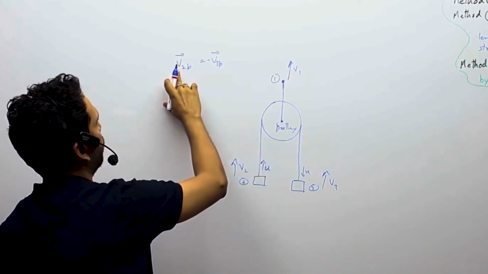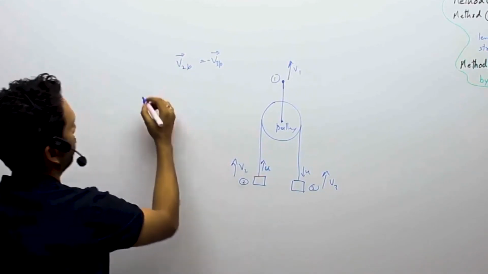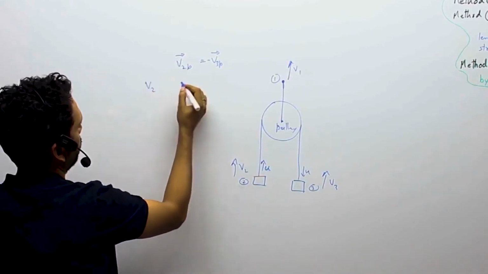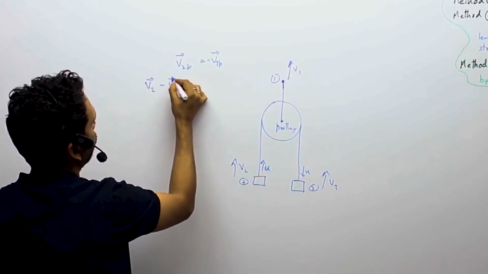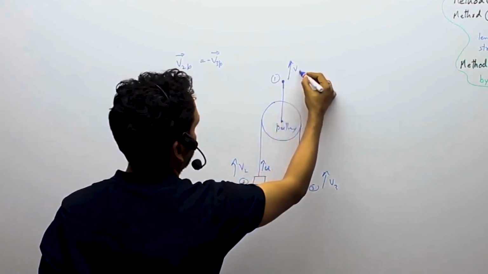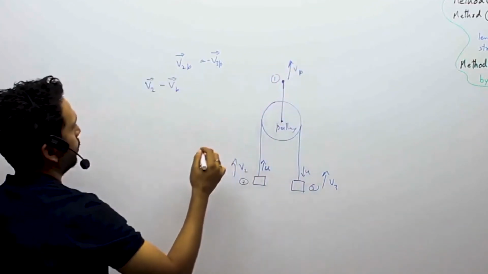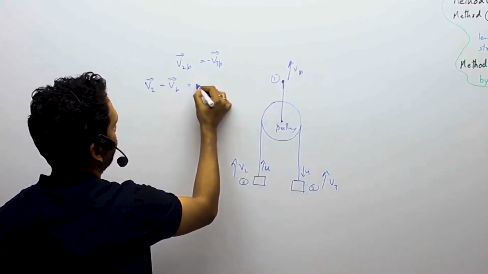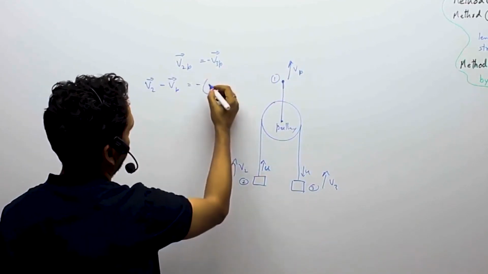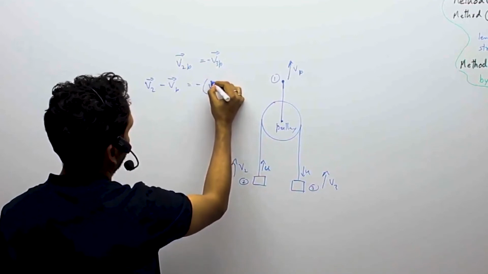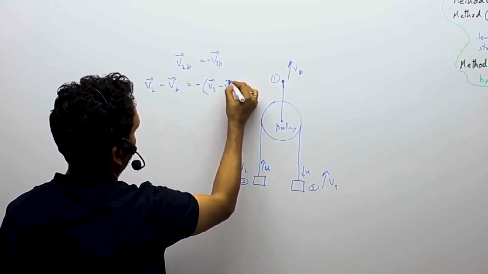What do we write velocity of 2 with respect to the pulley as? We write velocity of 2 with respect to the pulley as v2 minus velocity of the pulley. So that v1 is your velocity of the pulley. So I'll rather write vp over there, is equal to negative of velocity of 3 with respect to the pulley. Velocity of 3 with respect to the pulley is v3 minus v pulley again.